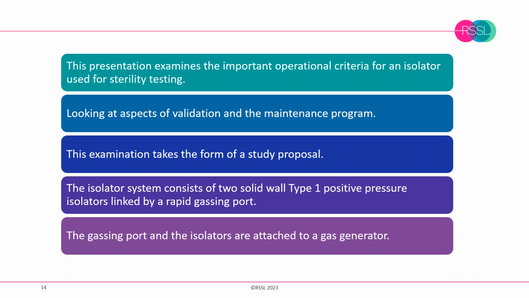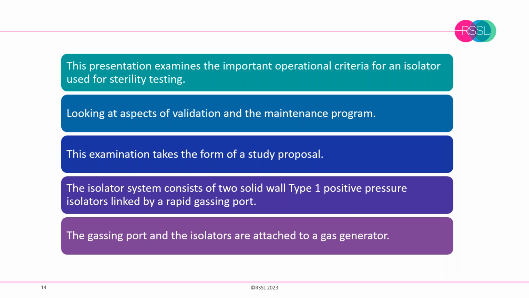So we're going to have a look at the important operational criteria for the isolator. And to contextualize the operational criteria, we're going to have a look at some of the aspects of how the isolator can be qualified and how it should be maintained.